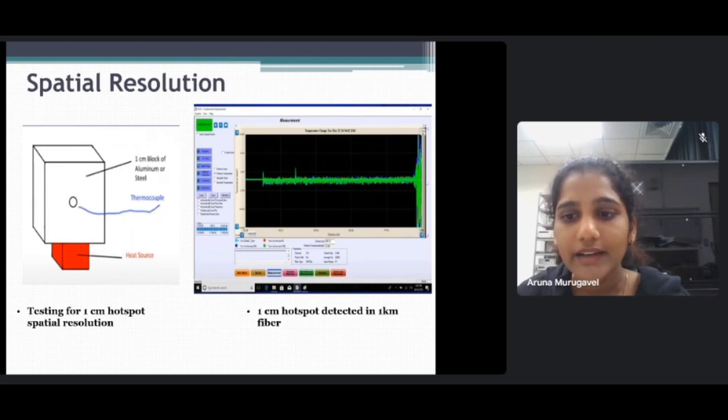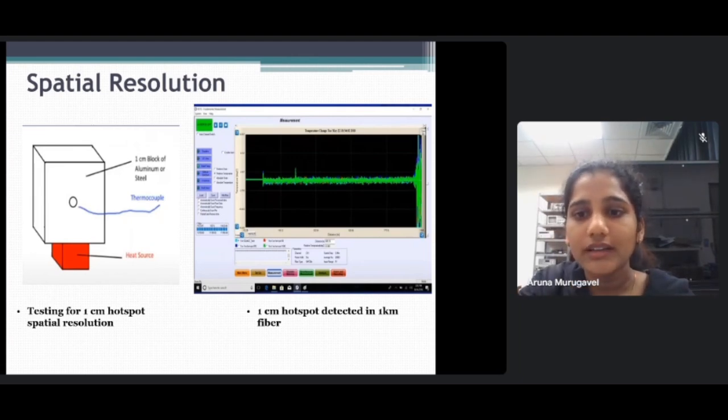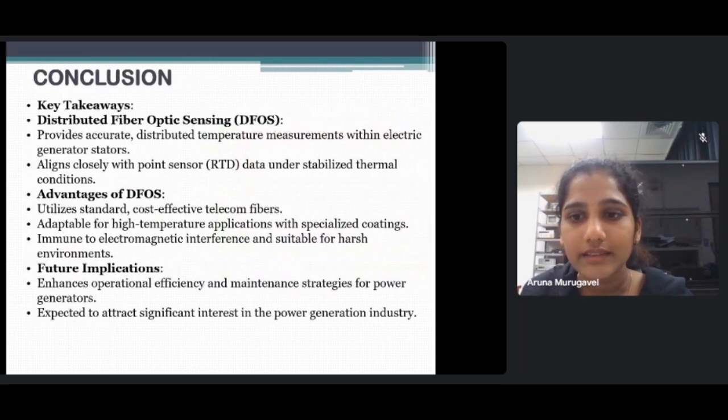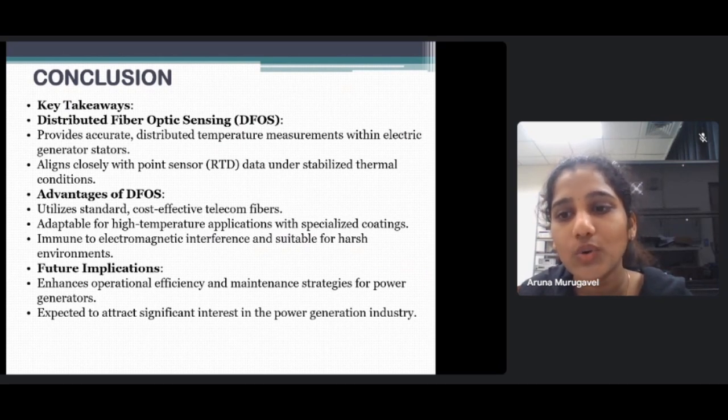For the hydrogen-cooled generator, the performance of these sensors also has validity in the hydrogen-cooled environment, which is a high-stress condition. This demonstrates their robustness and reliability under various operating conditions.